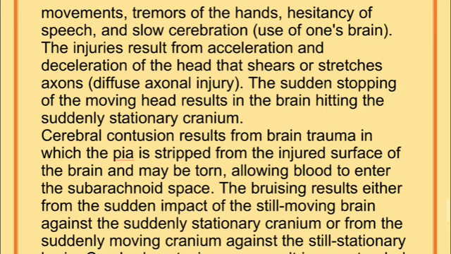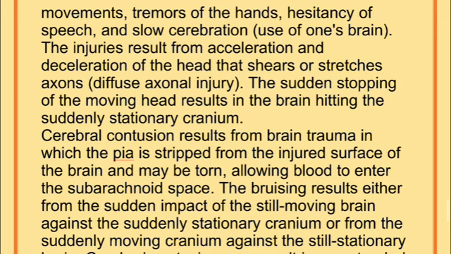There is cerebral contusion, a case that can result from brain trauma. In cerebral contusion, there is brain trauma, and in that case, the pia is stripped from the injured surface of the brain and may be torn, and this allows blood to enter the subarachnoid space.